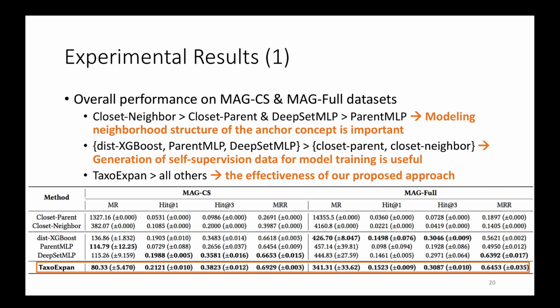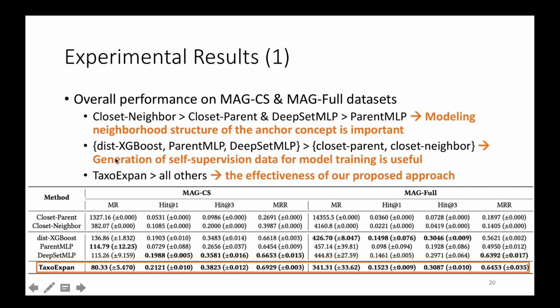First, we test the overall performance on the MAG-CS and MAG-Food datasets, and we can see the following result. First, the closest neighbors method performed better than the closest parent, and the deep-set MLP method outperformed the parent MLP, which shows that modeling the neighborhood structure of the anchor concept is very important.